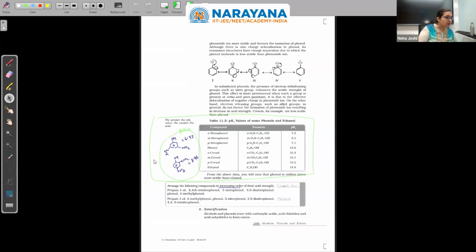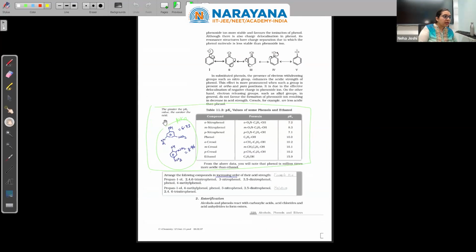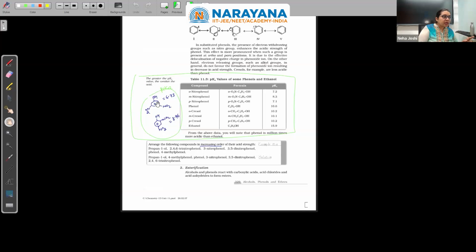In nitrophenols, I wanted to tell yesterday also, I forgot, I guess, about the pKa of nitrophenols. When two nitro groups are there, dinitro, then only they will be able to displace CO2 from NaHCO3. One nitro is not sufficient.